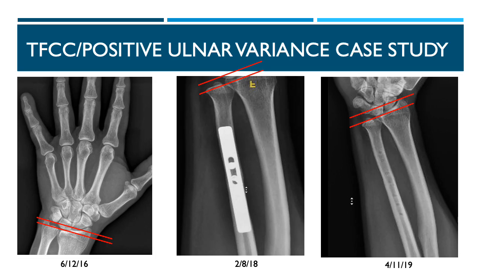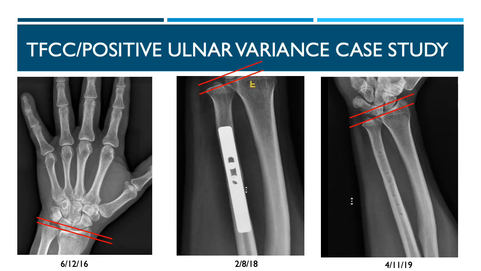So he kept going back to the surgeon, and eventually, in looking at these x-rays, you can tell from that first picture, the radius and the ulna are pretty even height-wise. So they diagnosed him with positive ulnar variance and most likely a TFCC tear. In the second x-ray, it's a little hard to see his actual radius and ulna, but what they did is they went in and did an ulnar shortening osteotomy, which means that they took a couple millimeters out of his ulna.